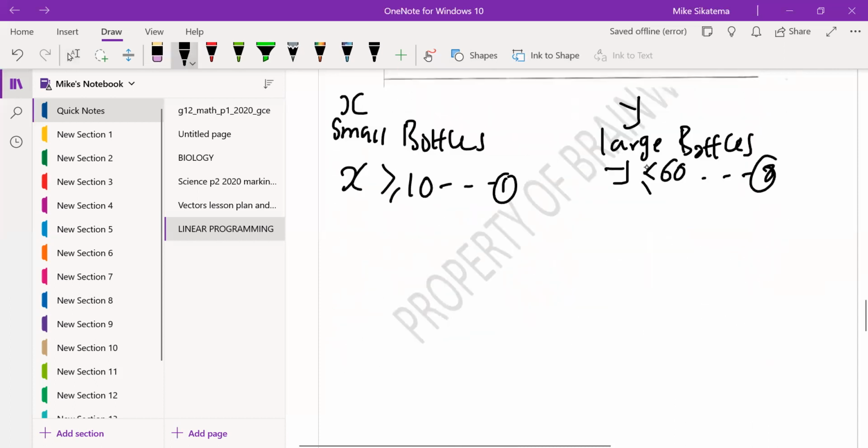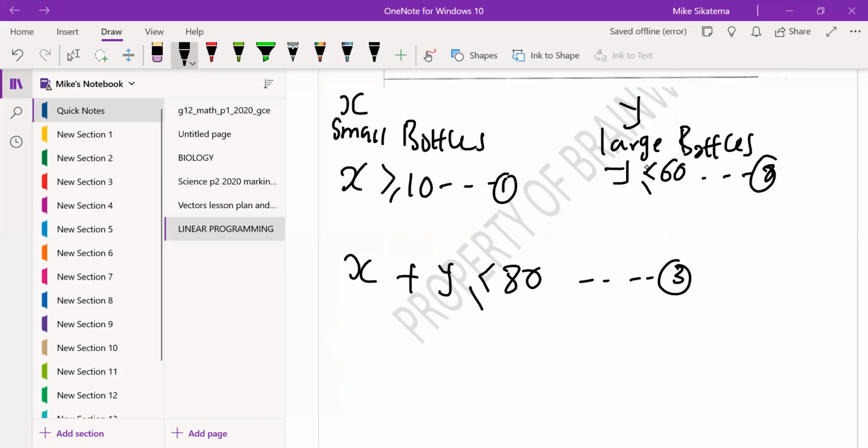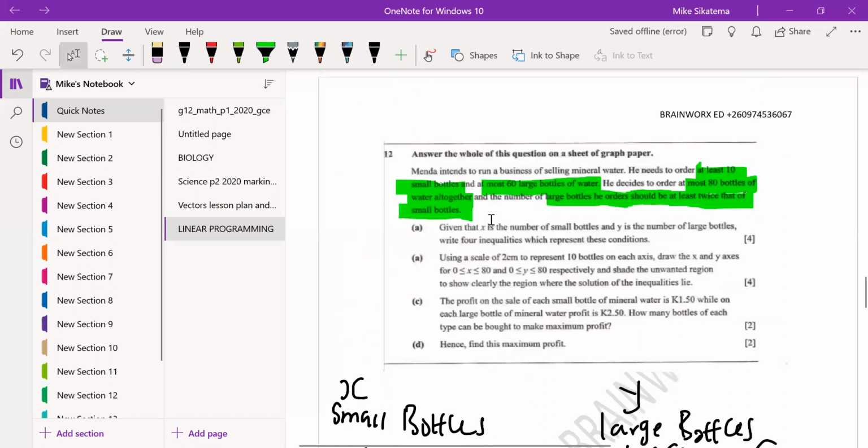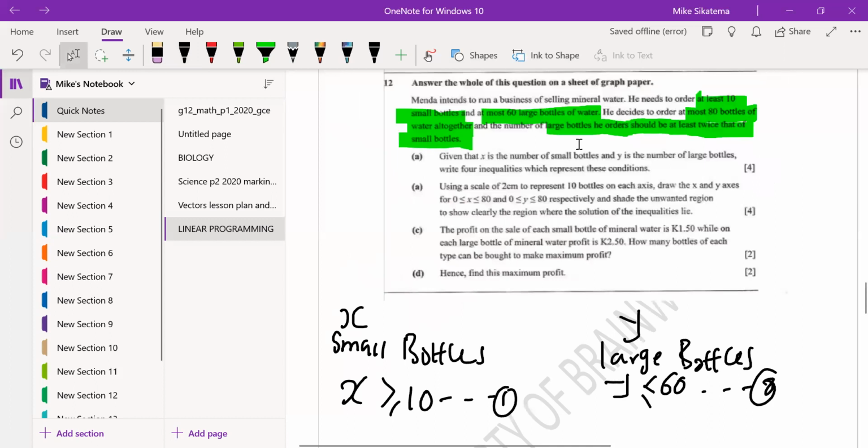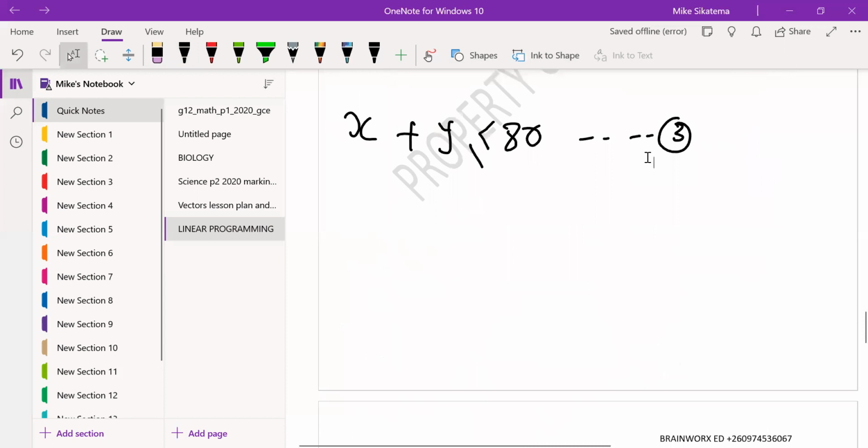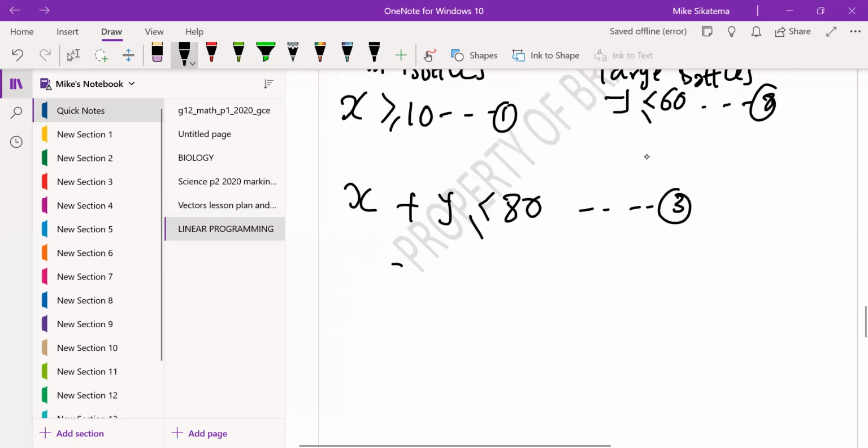So if we add the number of small bottles and the number of large bottles, it shouldn't exceed 80. So x plus y should be less than or equal to 80. That's the third inequality. Easy, right? Then the last one: the number of large bottles he orders should be at least twice that of small bottles. So the large bottles, Y, should be greater or equal to 2x. So this is the fourth inequality.